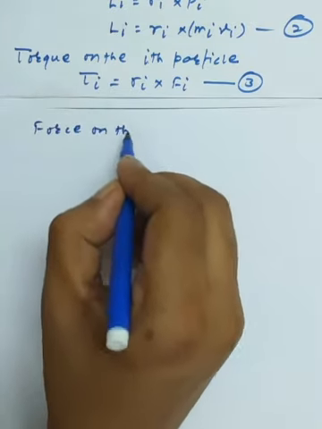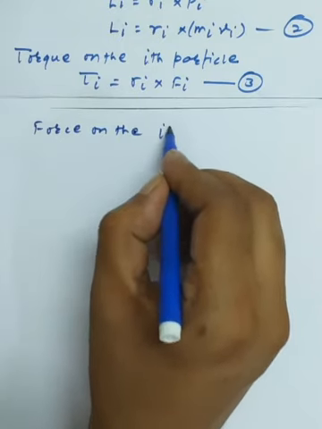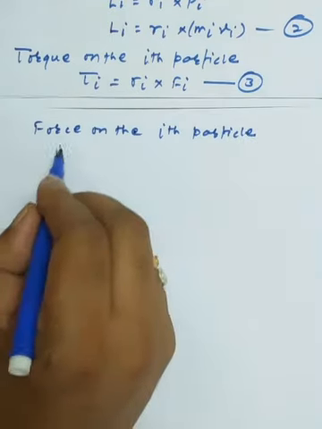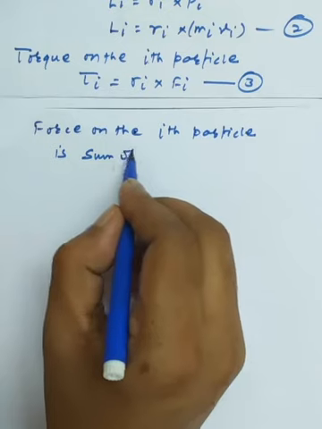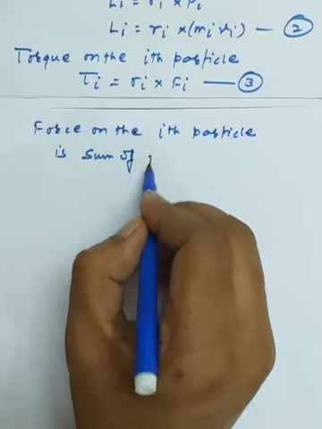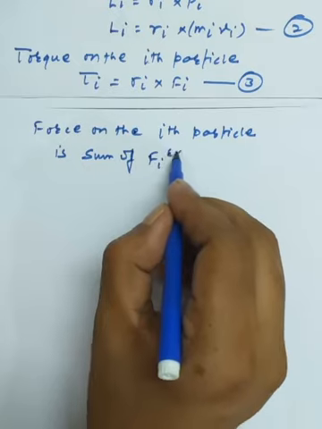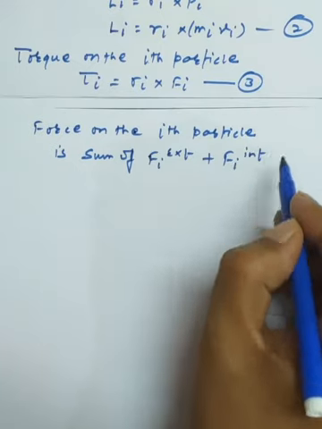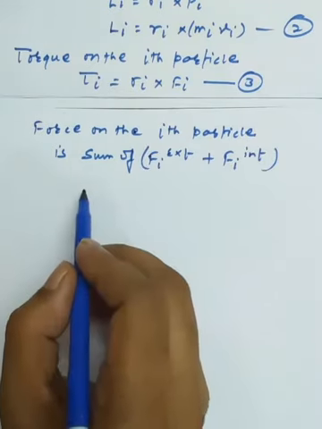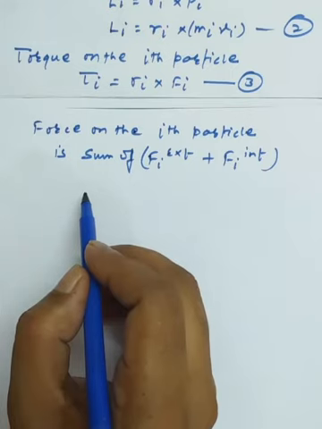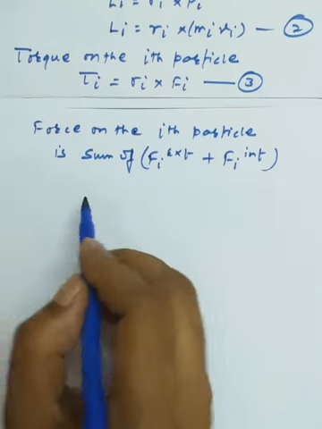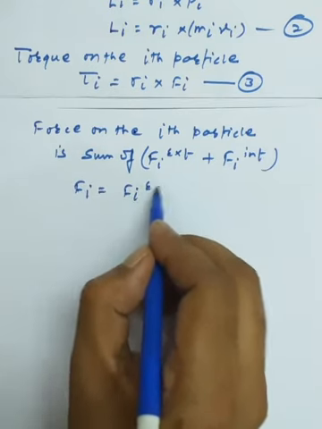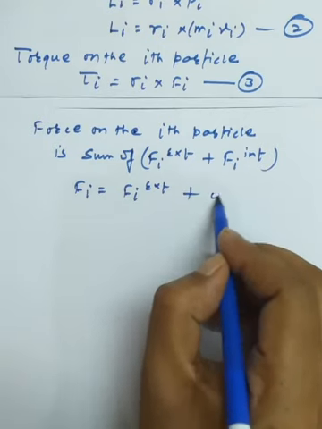The force on the ith particle is the sum of Fi external plus Fi internal. Okay, and we have assumed that the internal forces for a system in which the particles are interacting will be 0. So the force on an ith particle is only due to the external force. We are assuming the internal force as 0.